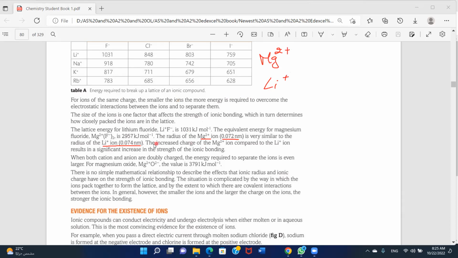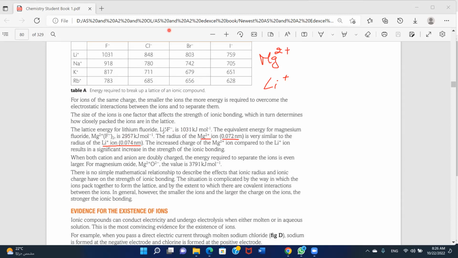So if we are comparing the lattice energy, it means the energy required to break a lithium fluoride bond, we'll find it to be 1031. But in order to break the magnesium fluoride bond, it needs 2957, about 3 times that in case of lithium fluoride.